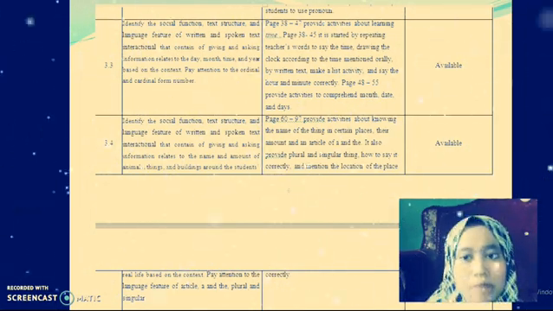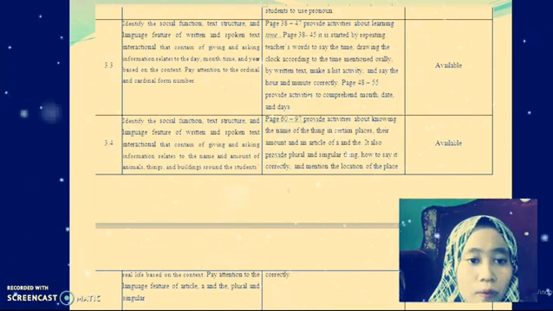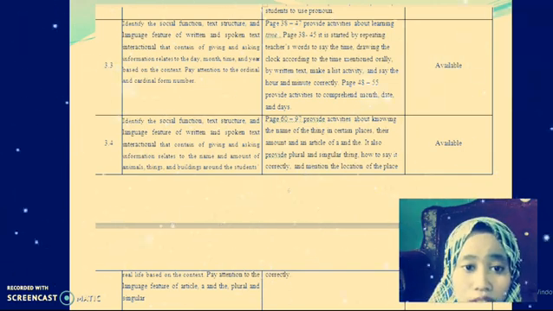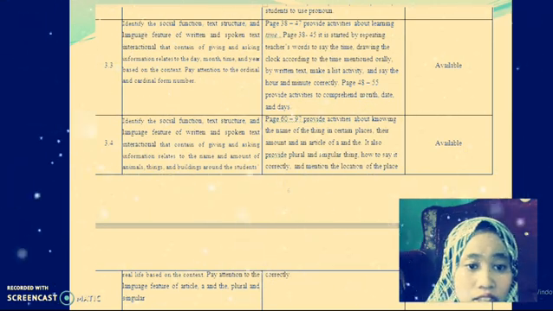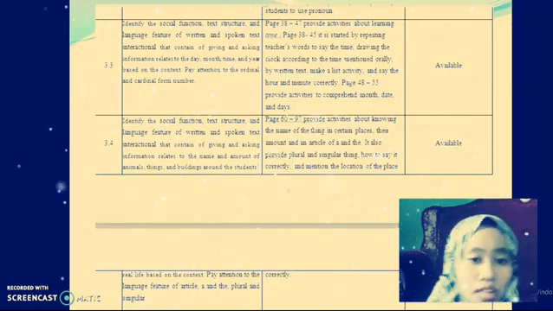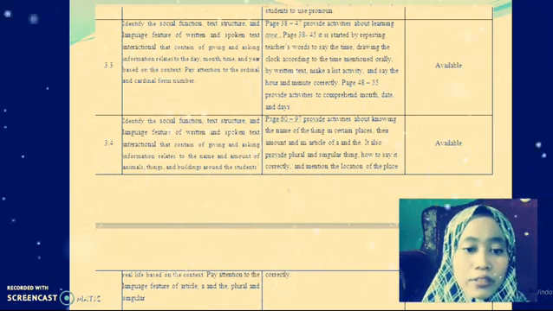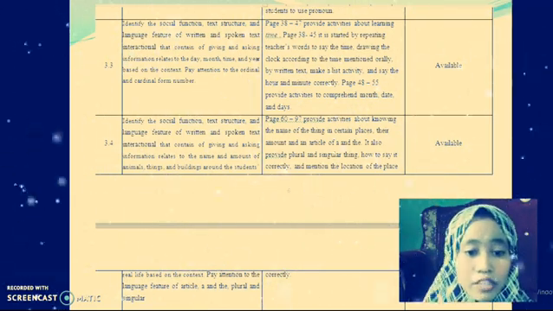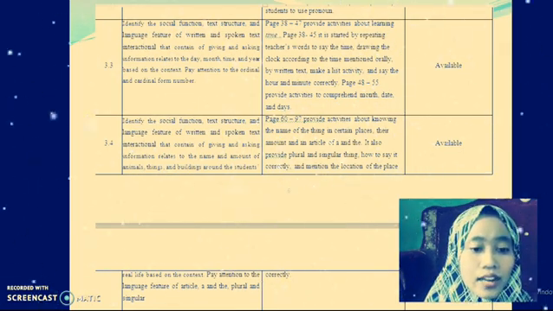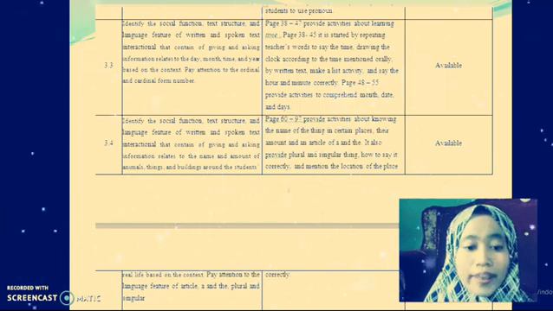And for the basic competence 3.4, identify the social function, text structure, and language feature of written and spoken text instructional that contain giving and asking information relates to the name and amount of animals, things, and buildings around the students' real life based on the context. Pay attention to the correct language feature of article a and the, plural and singular.